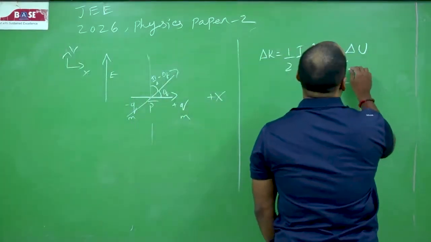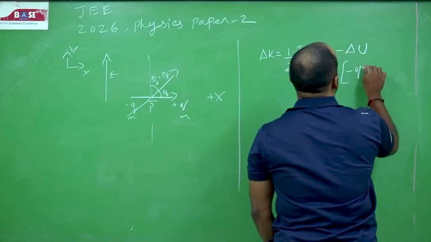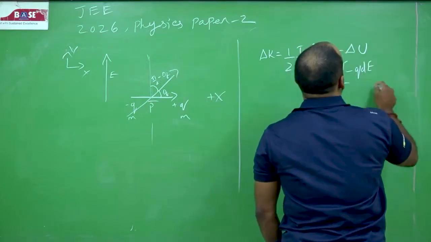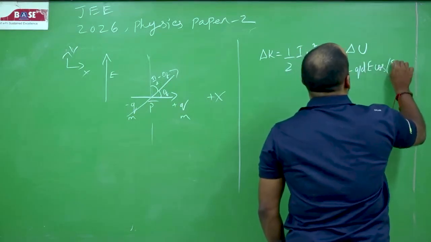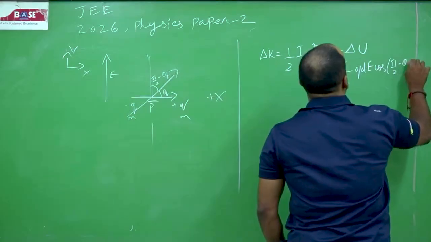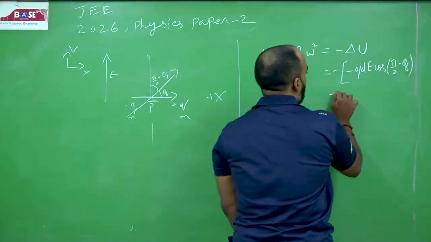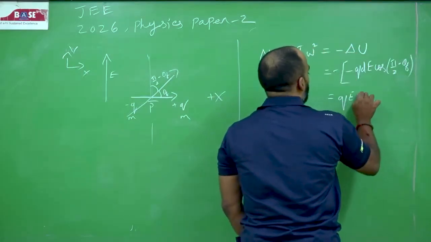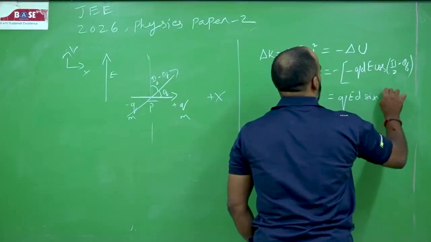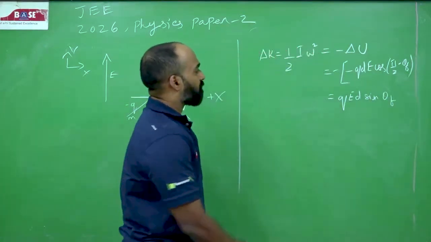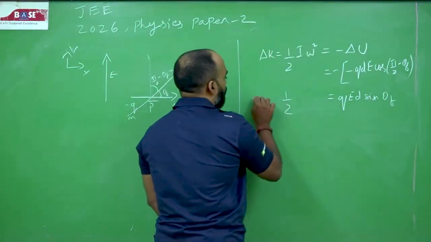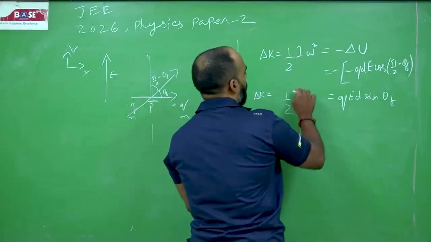Final will be minus P E cos of pi by 2 minus theta f, where P is Q d. So this will just be Q E d sine theta f.